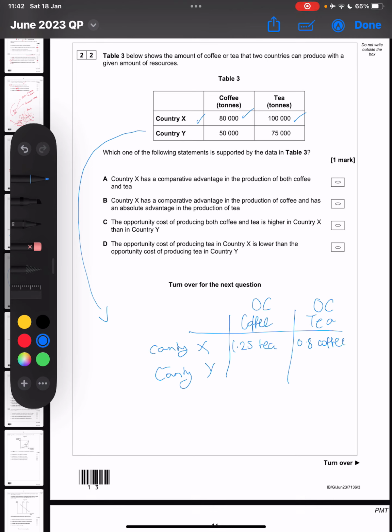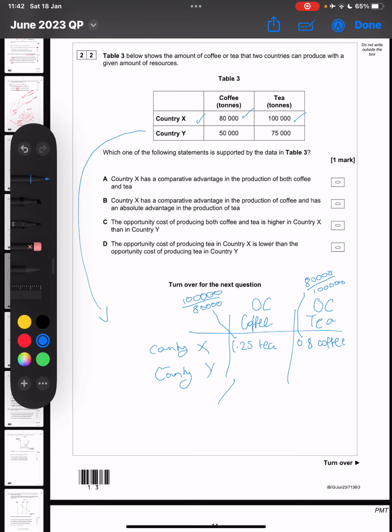It's just the inverse of that. For country Y, what did I do there? I did 100,000 divided by 80,000, just so I can get that down to 1. And over here I did the other way around, 80,000 divided by 100,000.